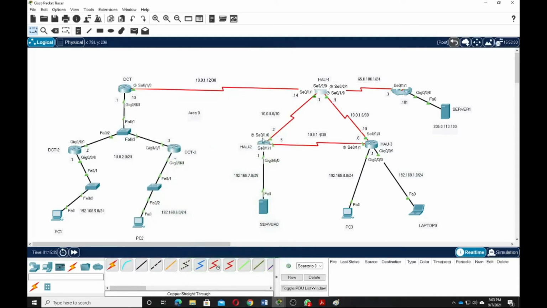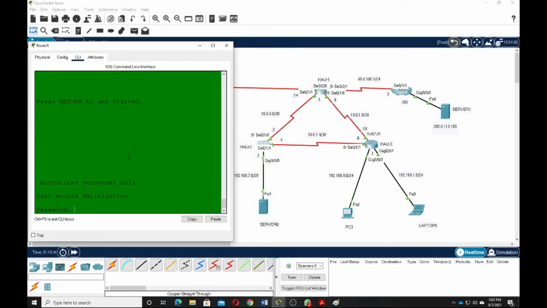Alright, and then we have here HAU2, Cisco, enable, class, config t, router OSPF 10, auto-cost reference-bandwidth 10,000.